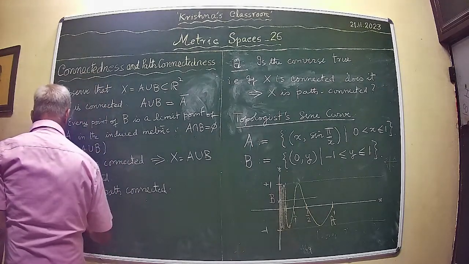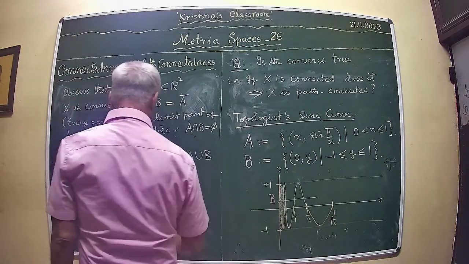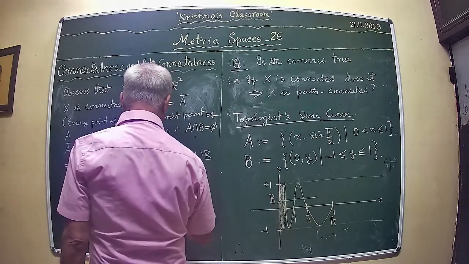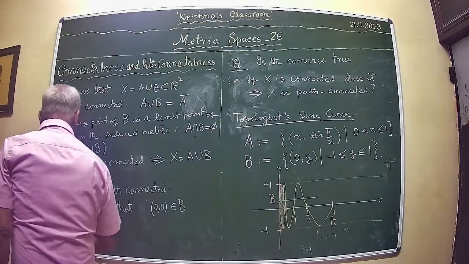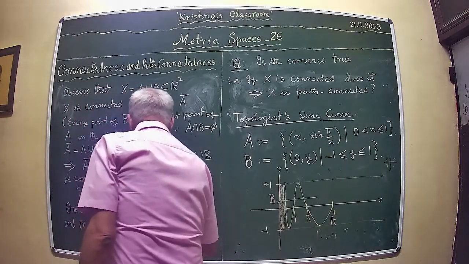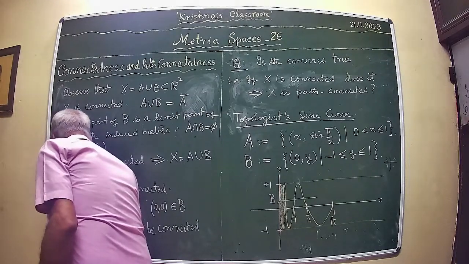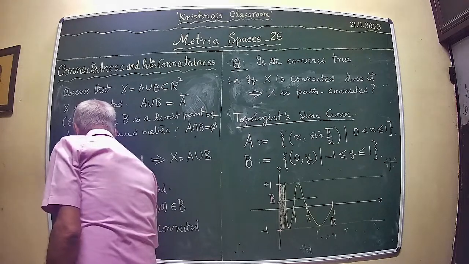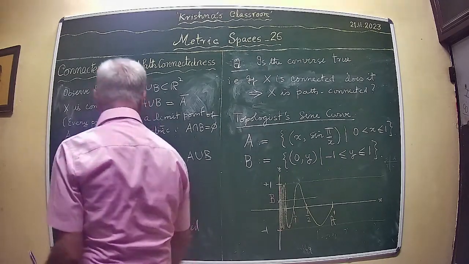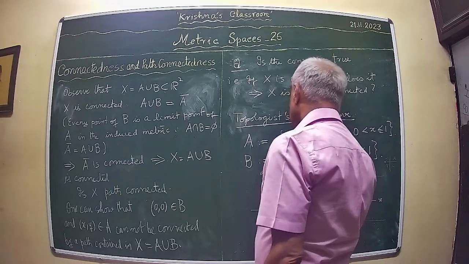Now one can show that X is not path connected: you cannot join a point of A to 0, 0 belonging to B by a path contained in X. This is a typical case where any point of this can be obtained as a sequence of points on this converging to that.